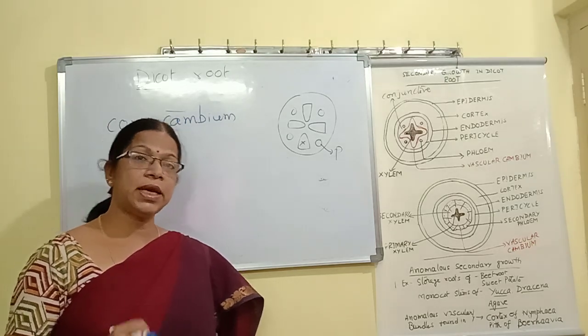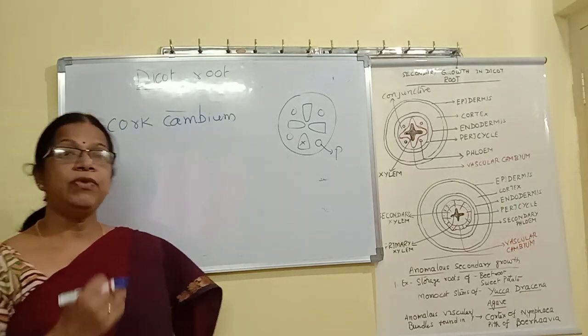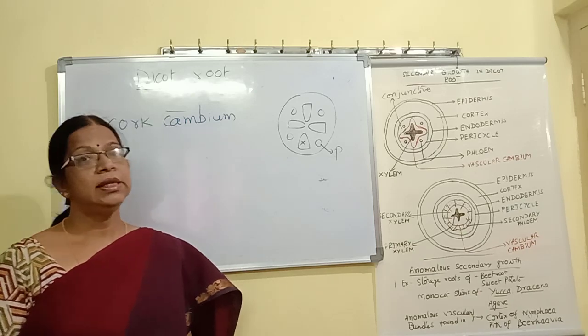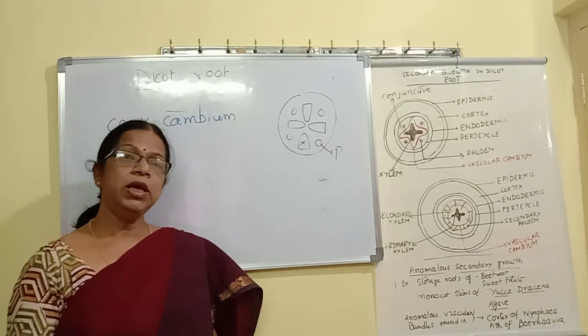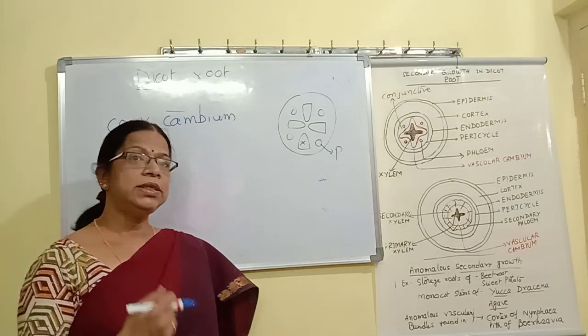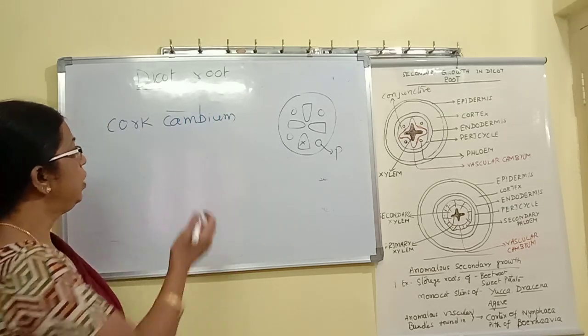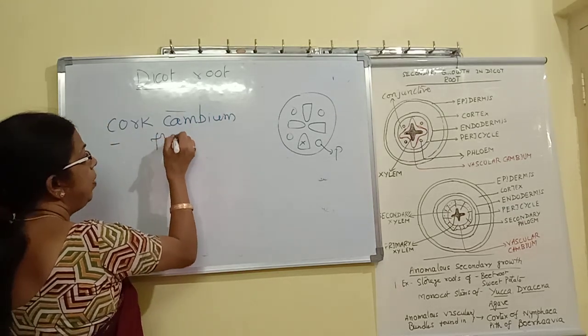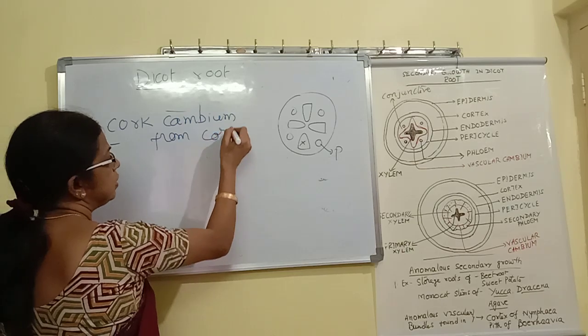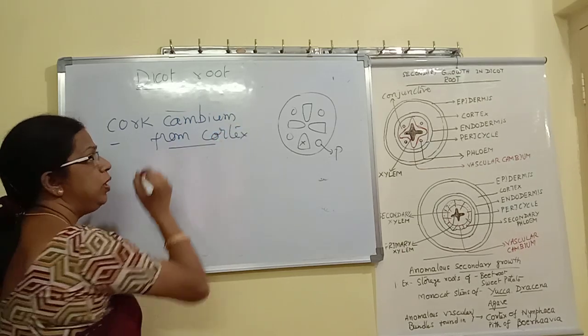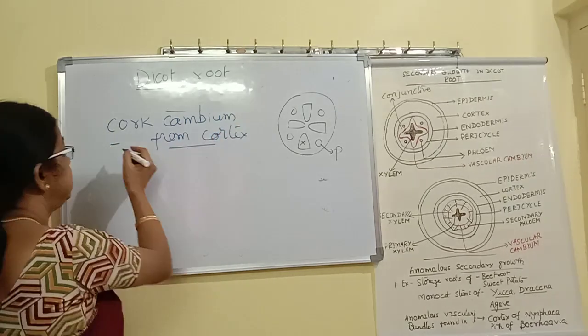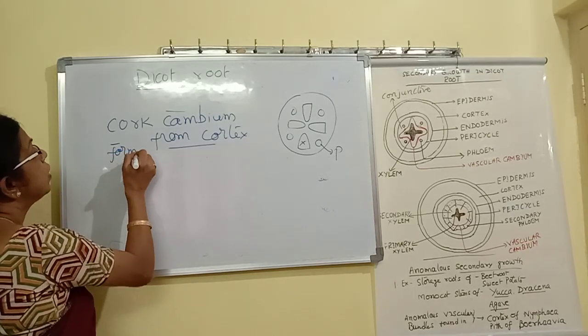When intrastellar secondary growth is completed and extrastellar has to start, then cork cambium will be formed. Same as in dicot stem, cork cambium is formed from the cortex.